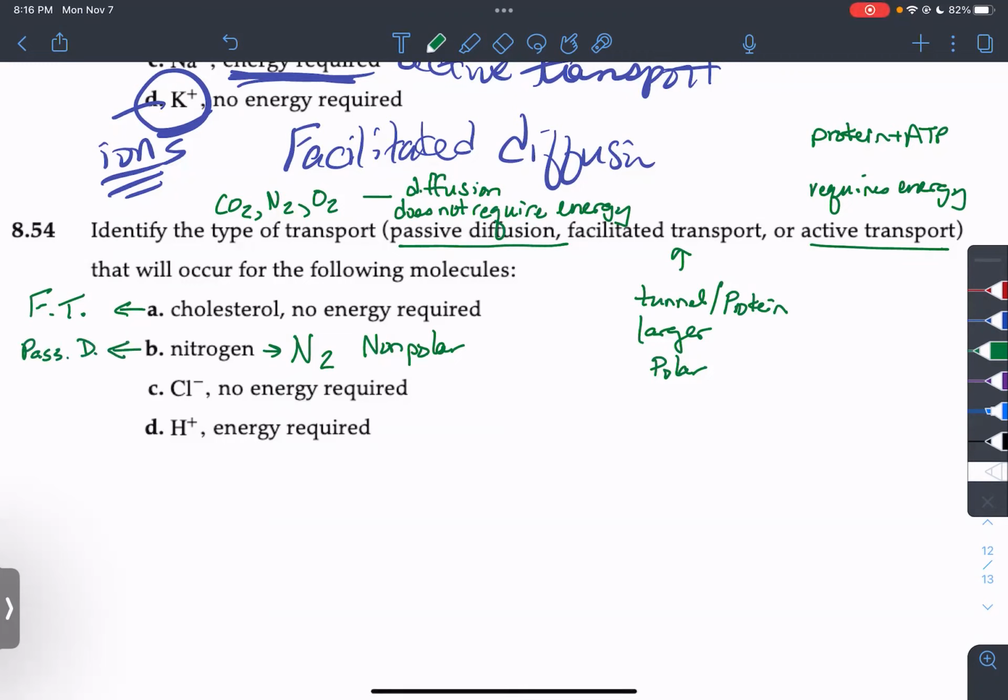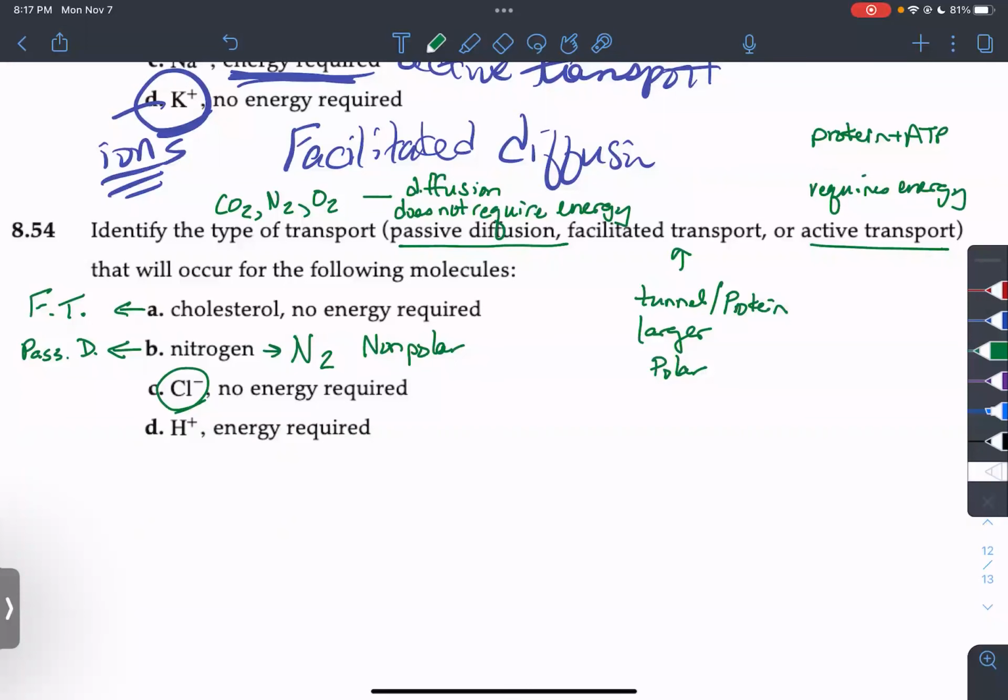Okay, Cl minus, no energy required. Tell me about Cl minus. It is charged. So if I were to ask you, is it polar? It's more than polar. It is charged. Remember those kind of forces, right? We talked about dipole interactions, and then we got to ion dipole, and then ionic interactions.